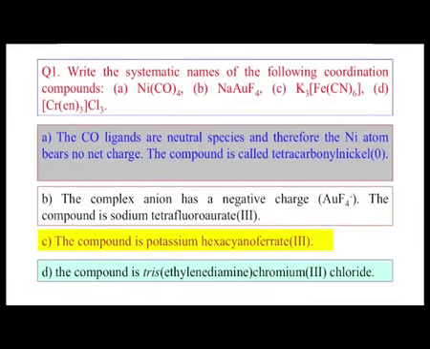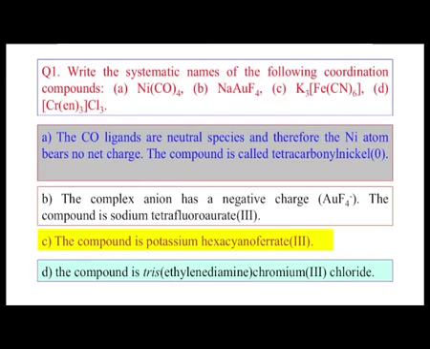These are examples taken from your NCERT book, typical names. This is just practice, it is not that this will be asked in an exam or in a competitive examination, but it shows how we consider them. These are 4 different types of complexes.